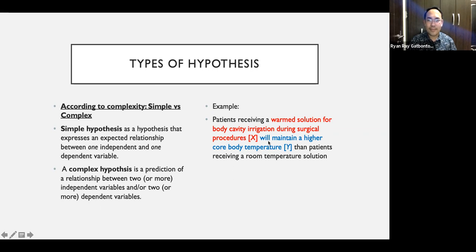So as you can see in this example, this is a simple hypothesis, because it has one independent variable and one dependent variable.